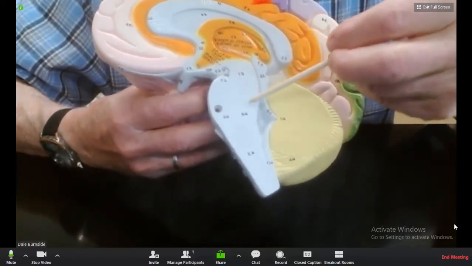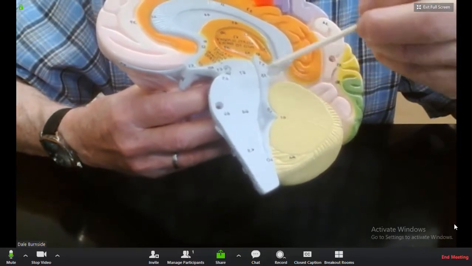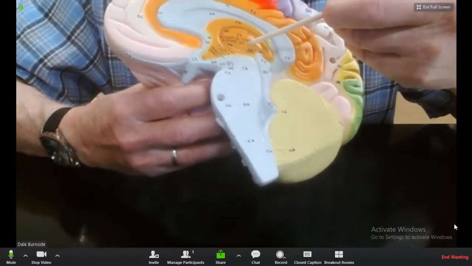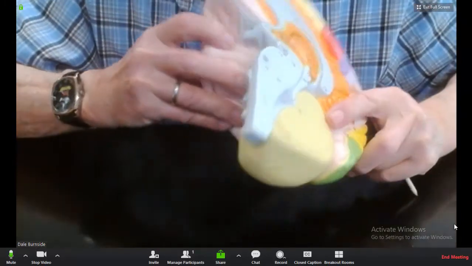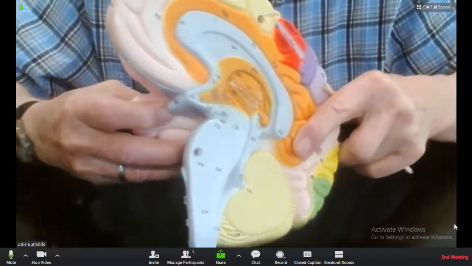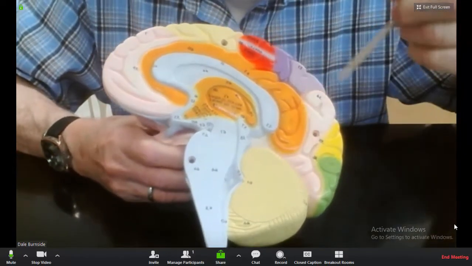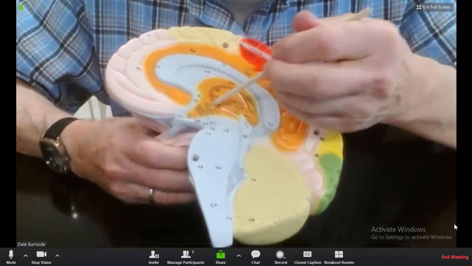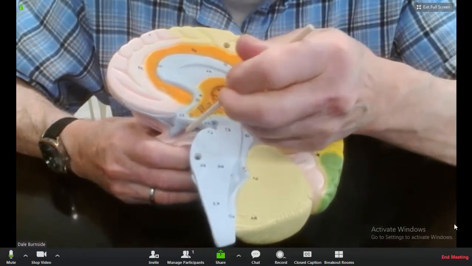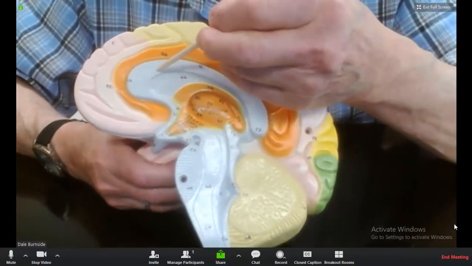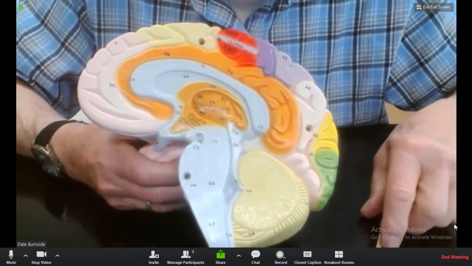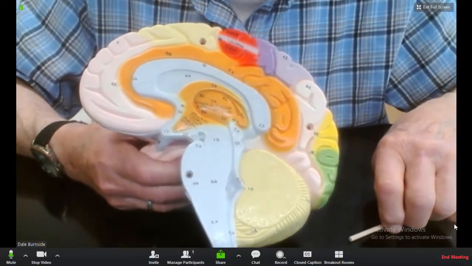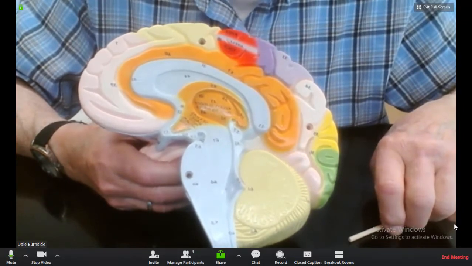The pons, the medulla, the cerebellum, the thalamus, the hypothalamus, the pituitary gland coming off of the hypothalamus, and the corpus callosum. Okay, so I hope that starts to give you some basic understanding about the anatomy of the brain.